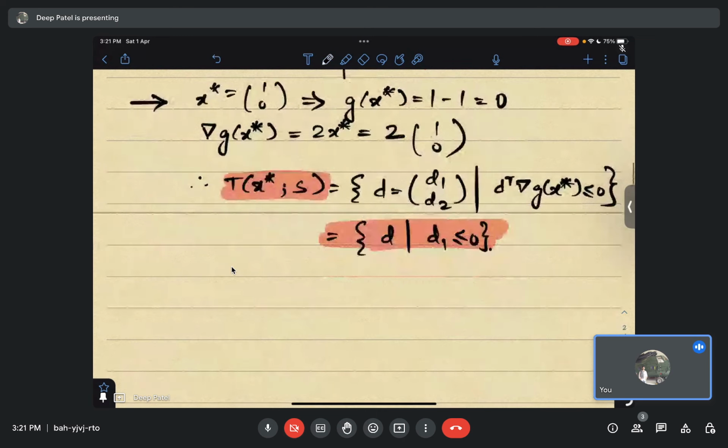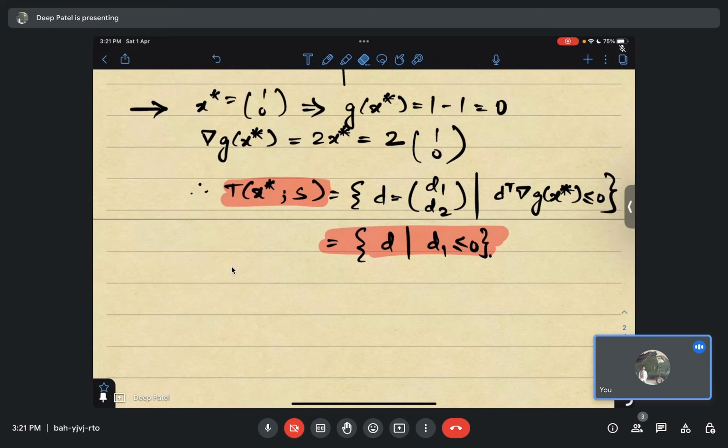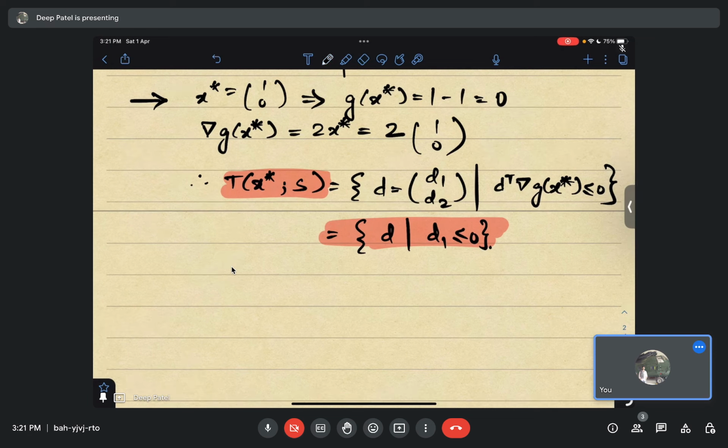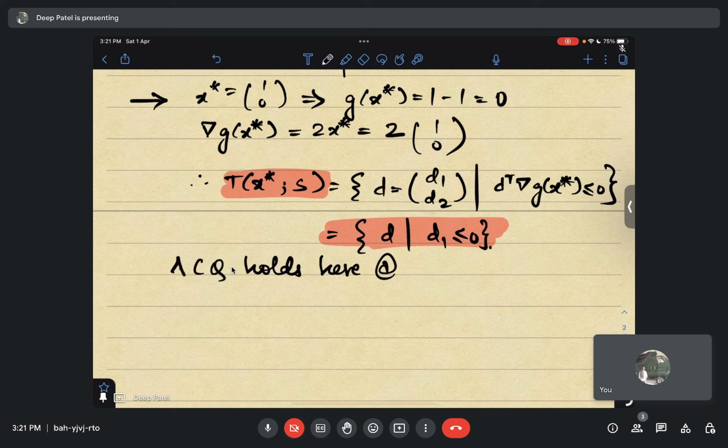Tangent cone can be expressed as this; we are precisely able to express it like this. So any d such that d transpose gradient g of x is less than or equal to 0, we can clearly find: all d such that d1 is less than or equal to 0. That's our tangent cone, right? So yes, the CQ holds here at x star equals 1 comma 0. Is it fine?